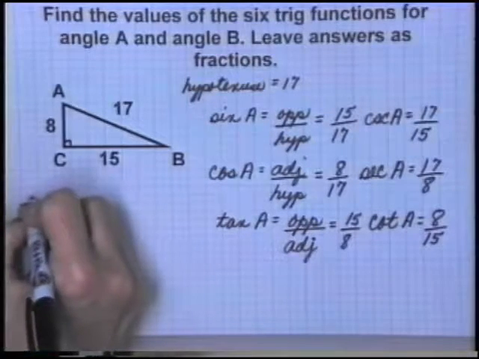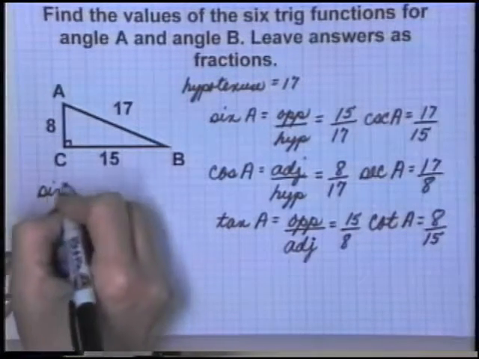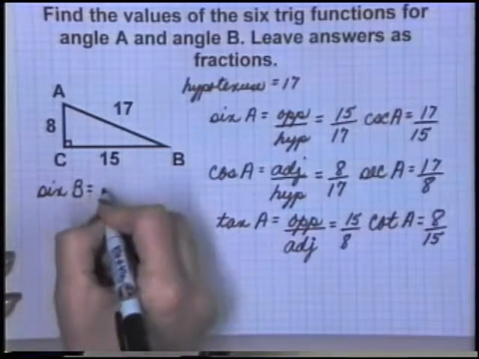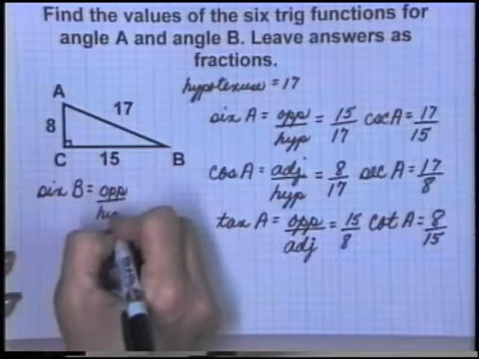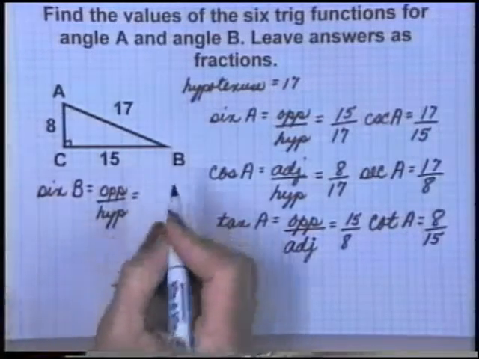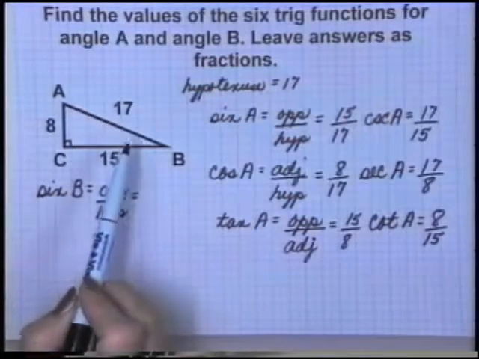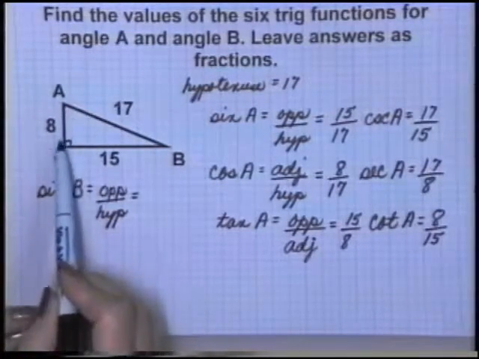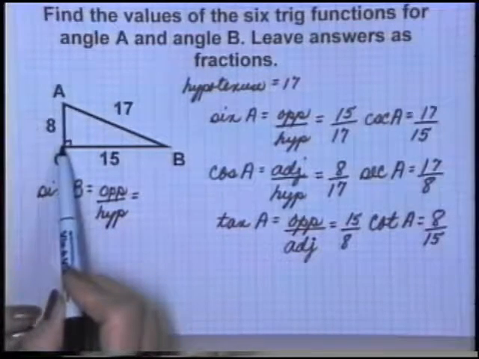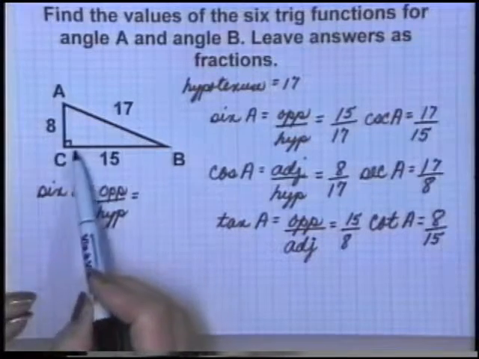We'll first find the sine of angle B, which is the opposite divided by the hypotenuse. Now when we find the functions of angle B, look at your legs. Which leg is opposite angle B? Well, it's the leg that measures 8 units that's opposite, and which leg is adjacent to angle B?